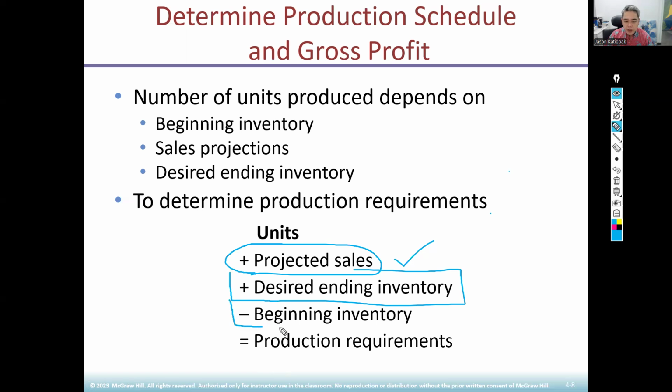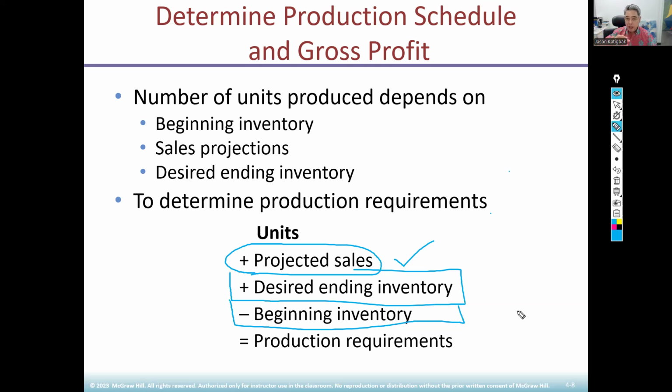And then you need to deduct your beginning inventory, or carryover from the prior year. Because our ending is June 2022, we're thinking of December 31, 2021 as our beginning.